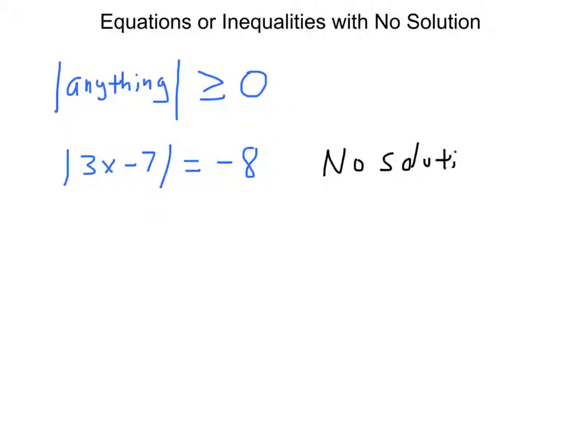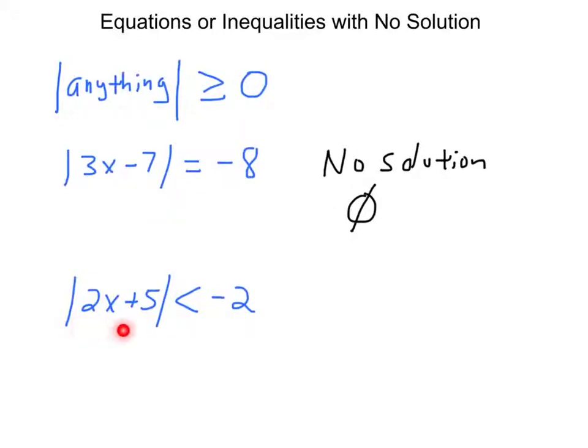Or sometimes you could draw the empty set because the empty set means no solution, because it's empty. Another example would be, let's say you had the absolute value of 2x plus 5 is less than negative 2. Well, again, the absolute value of 2x plus 5 would have to be greater than or equal to 0.